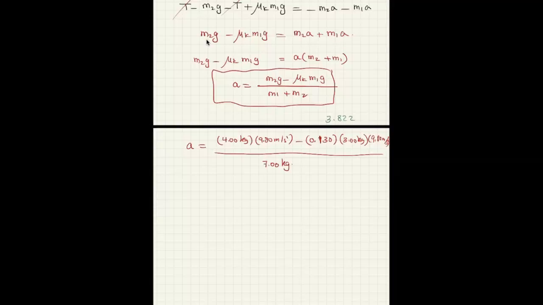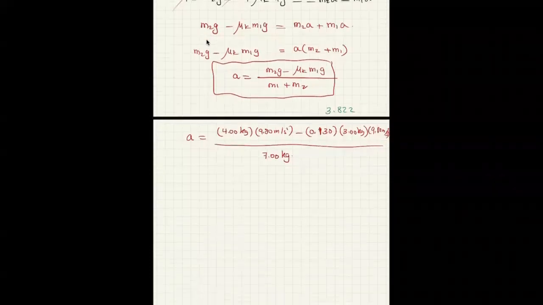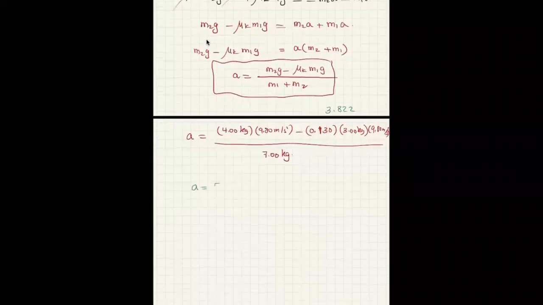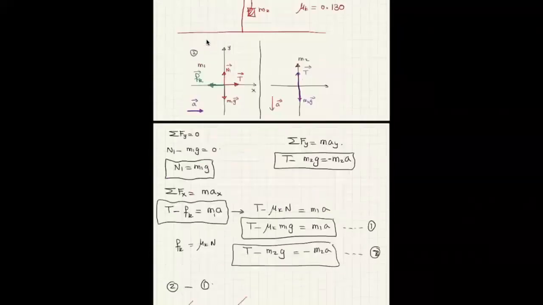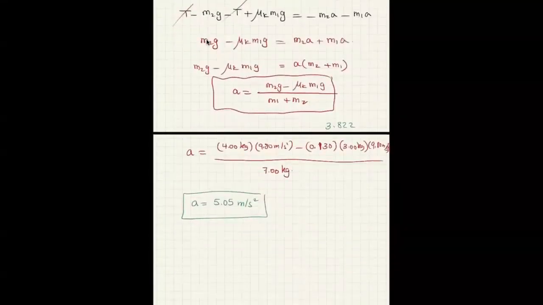Okay, and then 4 times 9.8 minus 3.822, and that divided by 7 is going to give me 5.05 meters per second squared. In the first one, it was 5.6. Now it's going to be less, and of course, this is because I have friction.